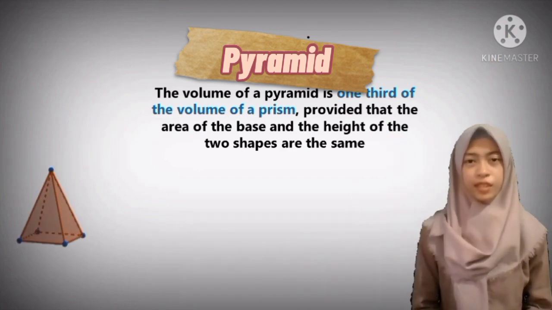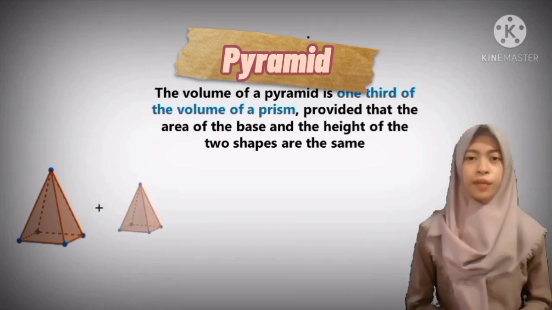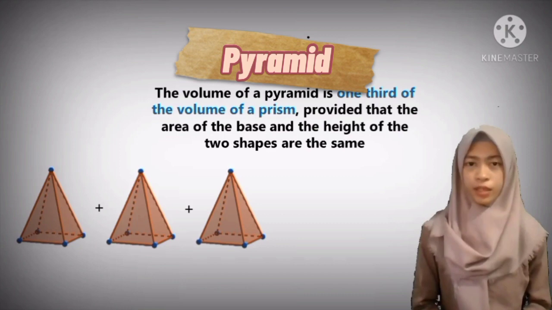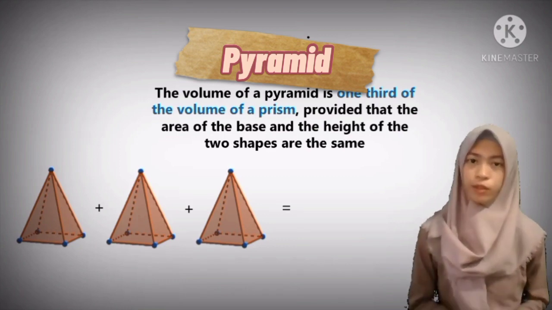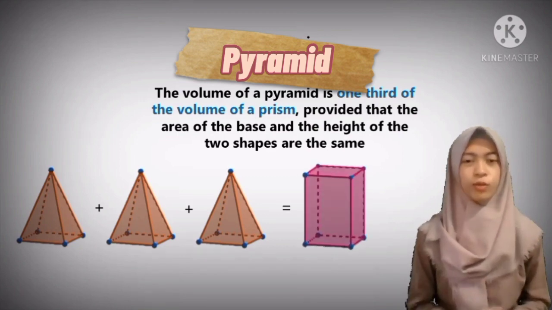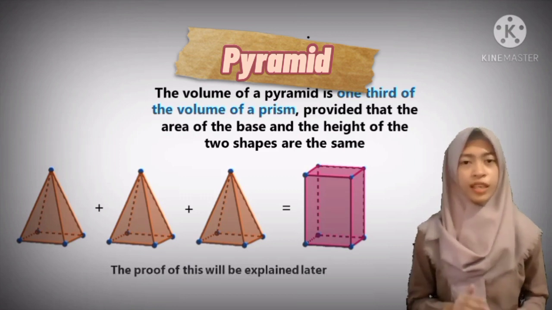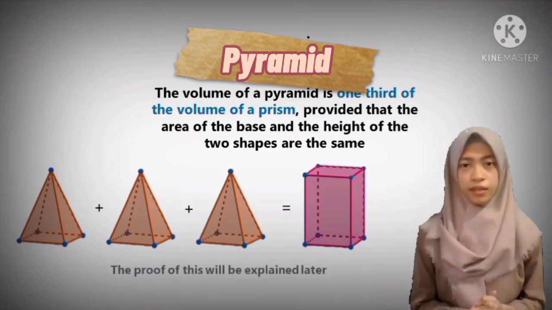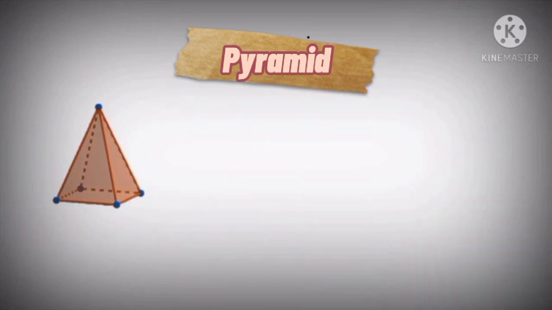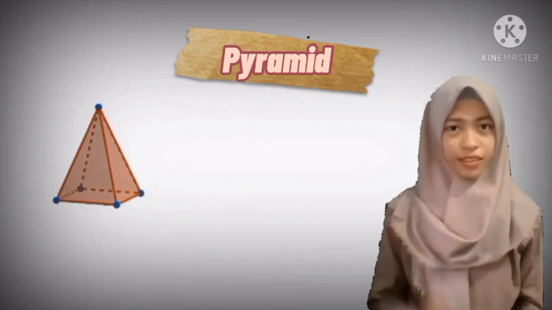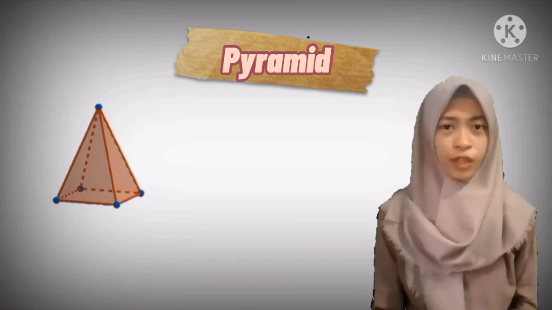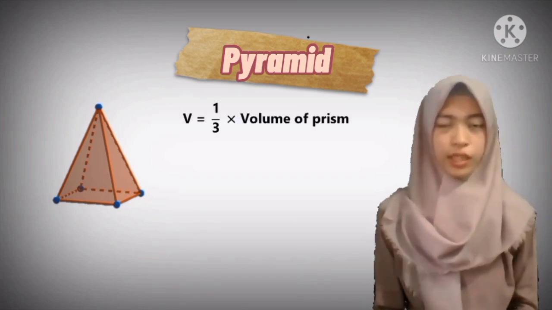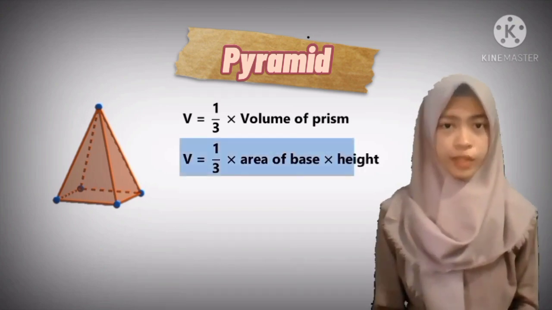The volume of rectangular pyramid plus the rectangular pyramid with the same volume plus another rectangular pyramid with the same volume equals a rectangular prism, which has the area of base and height the same as the rectangular pyramid. Based on that, we get the formula for the volume of pyramid, that is 1 over 3 times the volume of prism.